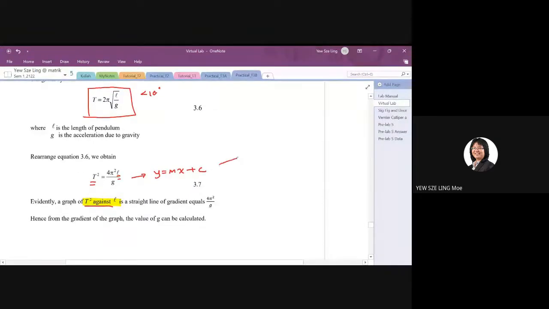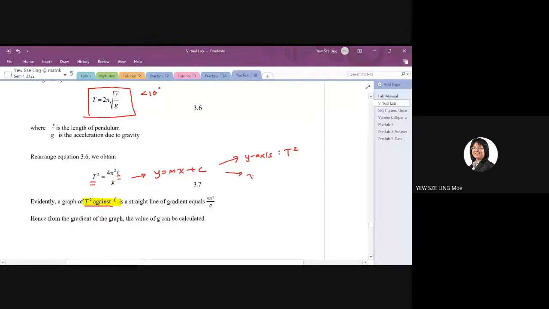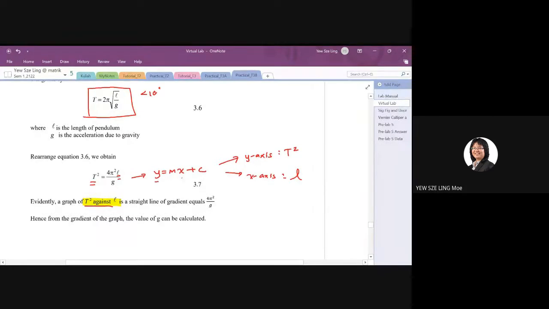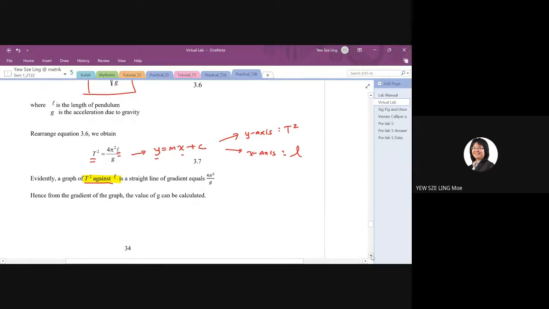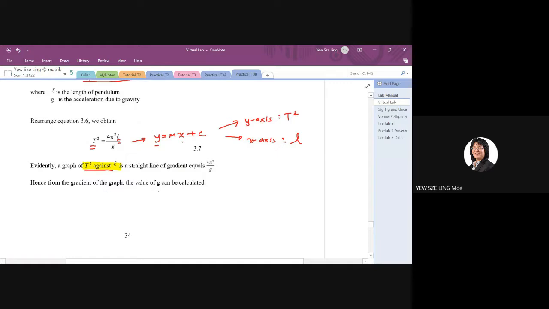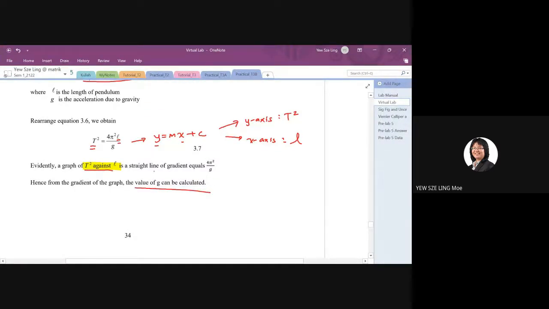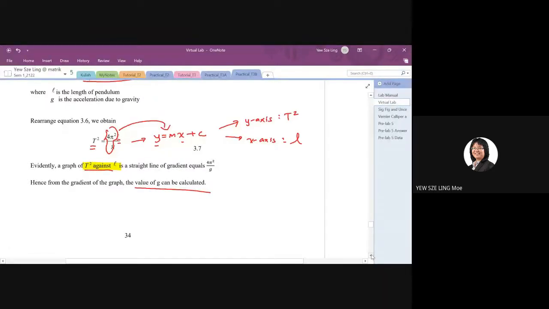Your y-axis is T squared and your x-axis is L. By comparison, the gradient of the graph gives you the value of g. The value of g can be calculated from the gradient of the graph, because when you compare with y equals mx plus c, the remaining terms represent m.